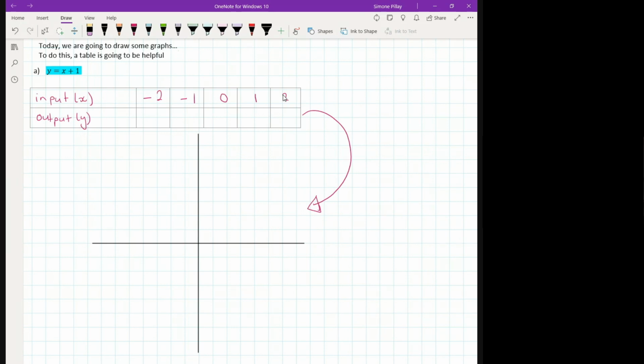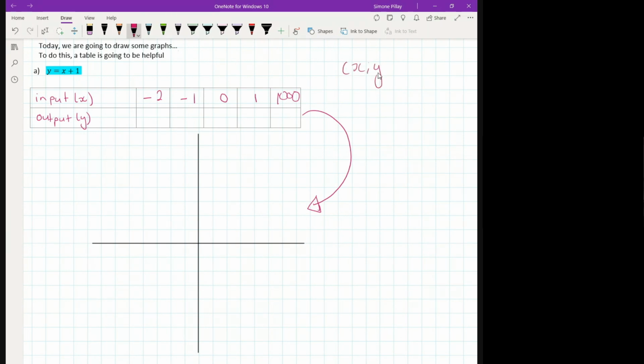I don't want to pick 1,000, okay? Because remember, my input is my x value. Do you remember that? Yes, ma'am. Now, what I want you to know is that when we convert this into a graph on my Cartesian plane, what we actually do is we take these inputs and we take these outputs and we combine them to make a coordinate pair.